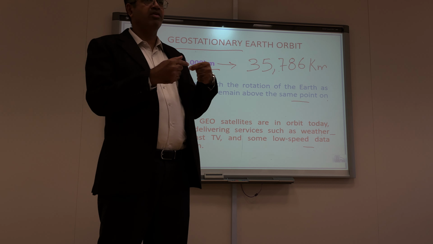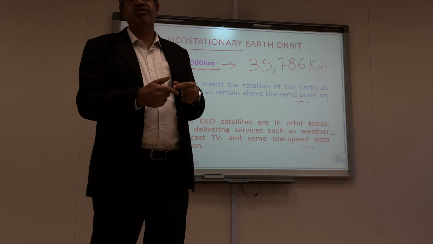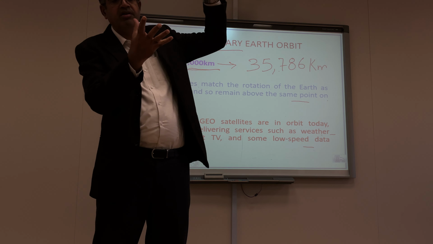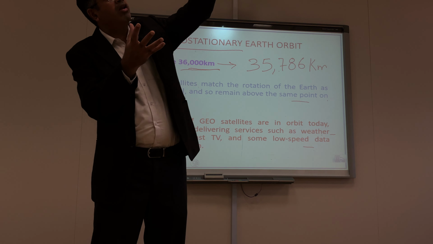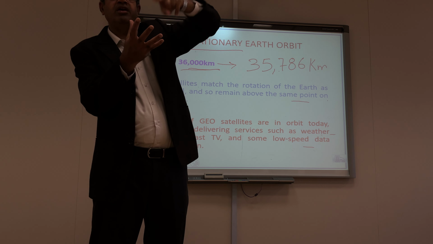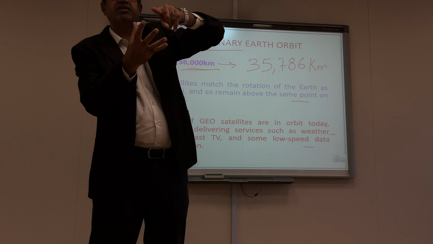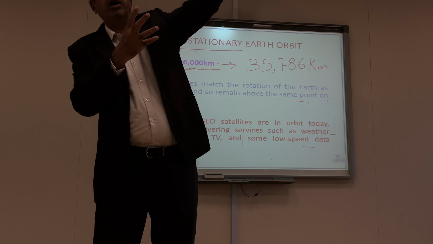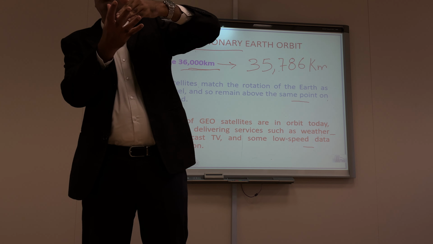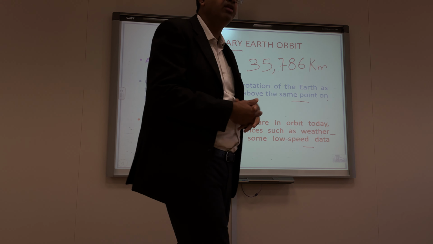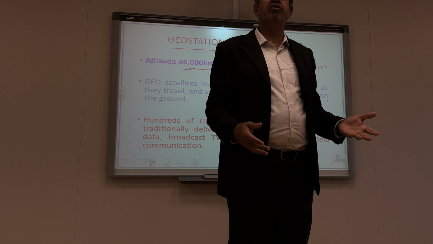Why? Because it is receiving signal from a satellite which is in the geostationary orbit. That means the position of the satellite with respect to the dish antenna never changes. As the satellite is moving, the Earth is also moving, so it is continuously in communication with your dish antenna. If it was not in the geostationary orbit, then what will happen?